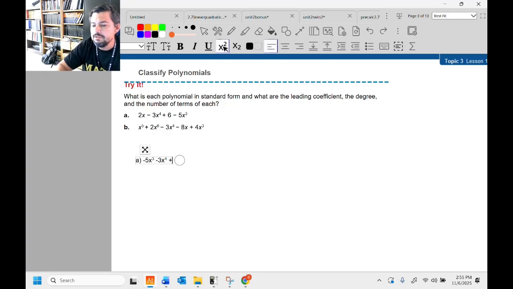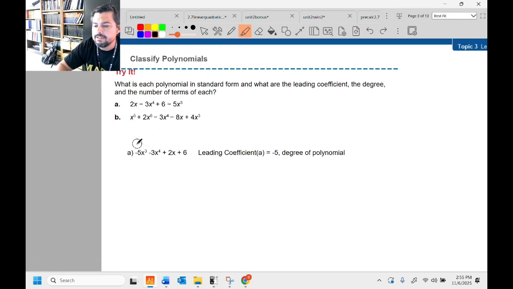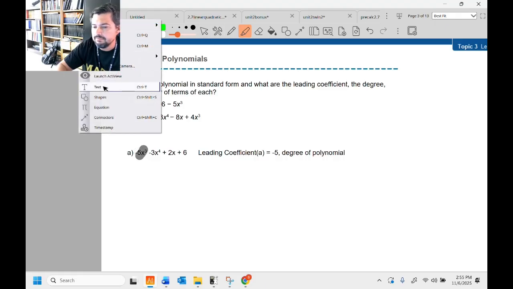And then plus a 2x, and then plus a 6. Now, the leading coefficient, which again we call A, is equal to negative 5. The degree of the polynomial, all you need to do is look at the first piece when you're in standard form, is 3.